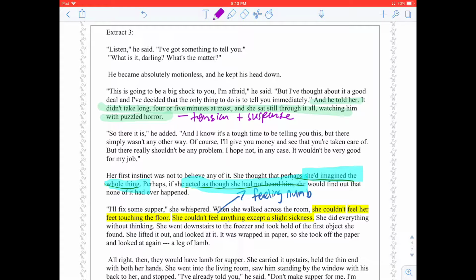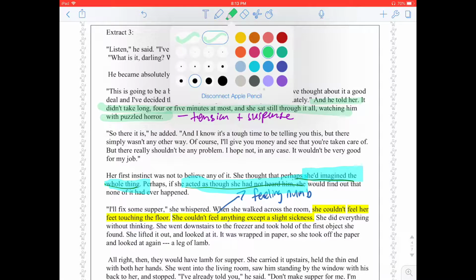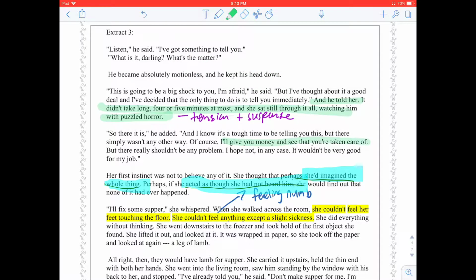So there it is, he added, "I know it's a tough time to be telling you this, but there simply wasn't any other way. I'll give you money and see that you're taken care of." So from this line we can infer that he is leaving her. Right. So look at this.